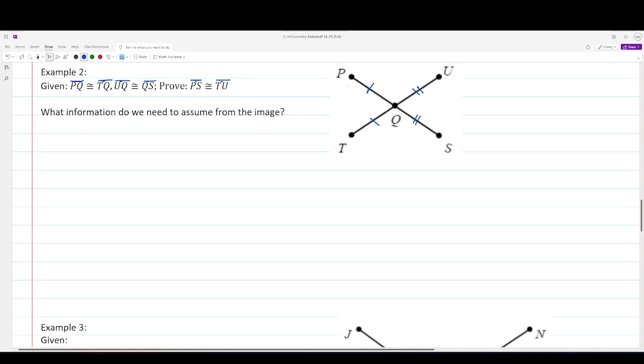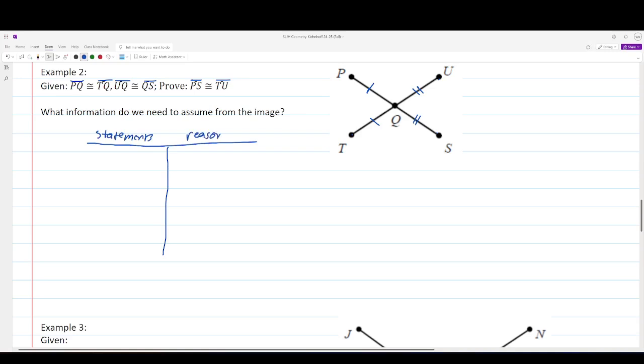It says to prove that PS, the entire segment length of the slanting down line segment, is equal to TU, the entire length of the slanting up line segment. So we can tell that now from the drawing because TU is made up of a 1 plus a 2, and PS is made up of a 1 plus a 2, so they must be the same. So now that we have an outline or an idea of how this is going to be built, we can start writing our proof.